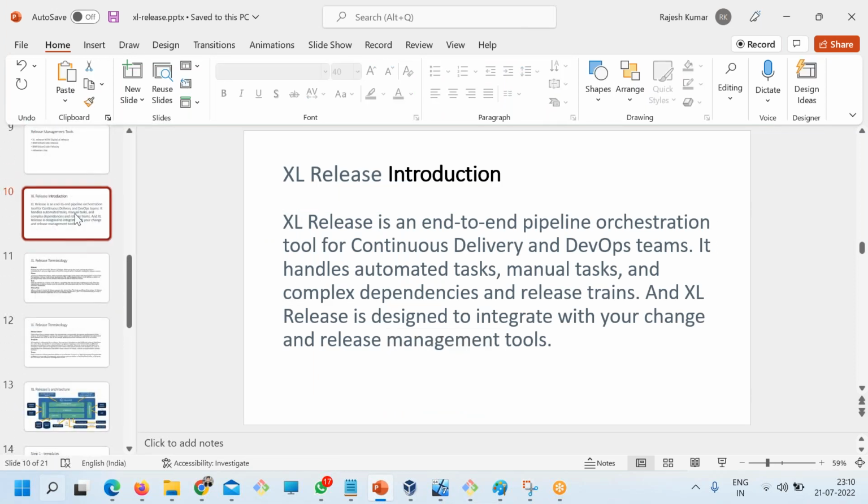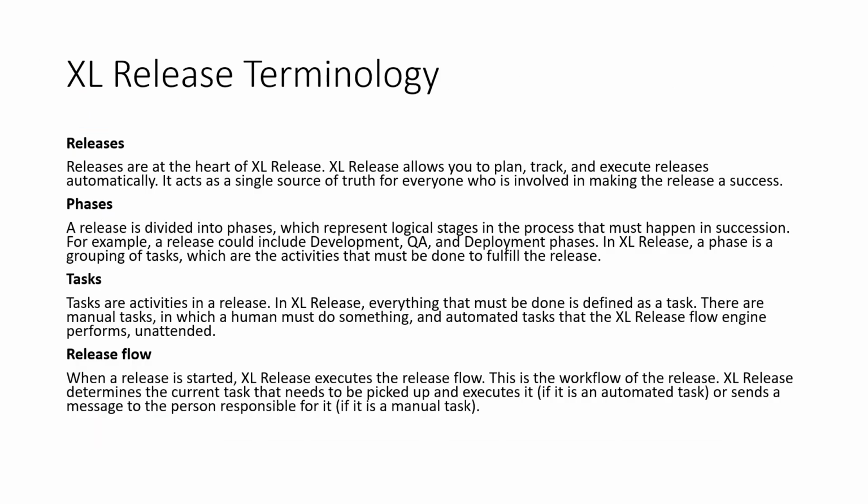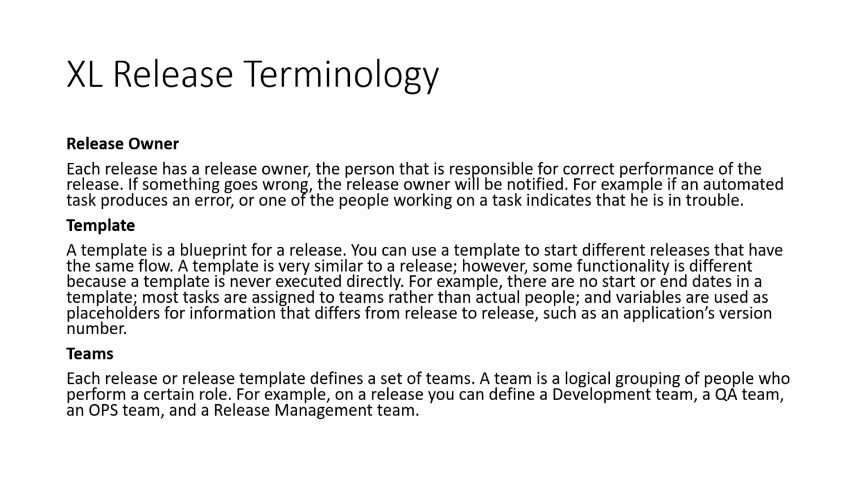Okay, so here this is the release flow. When you click on the release, whatever steps it runs, we call it a release flow. Release owner, I think by name itself we got to know. Each release has a release owner, the person responsible for the correct performance of the release.